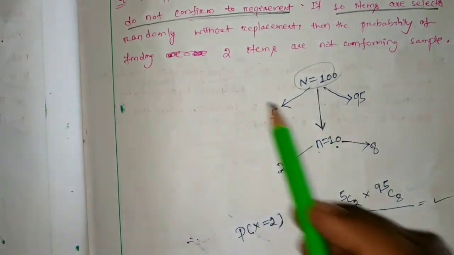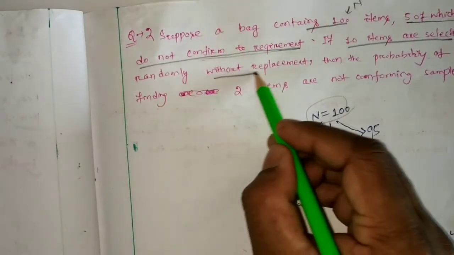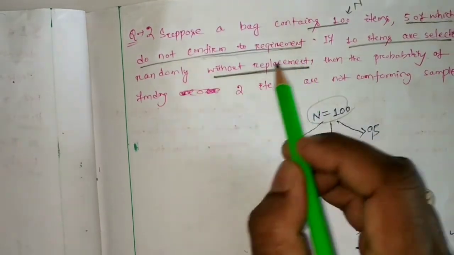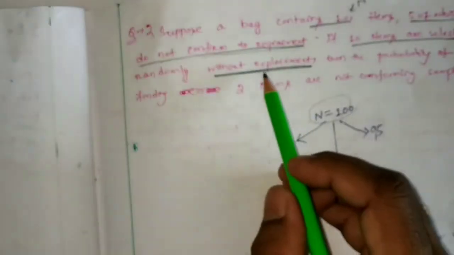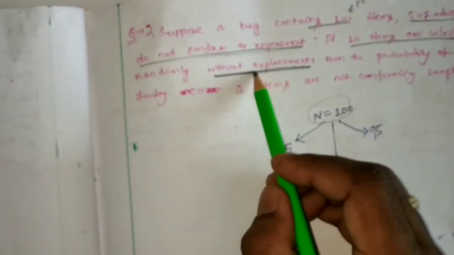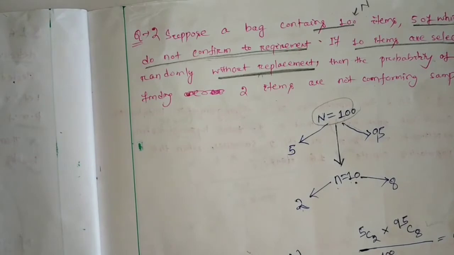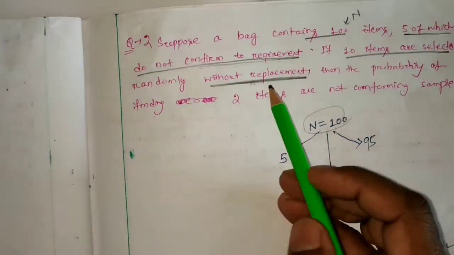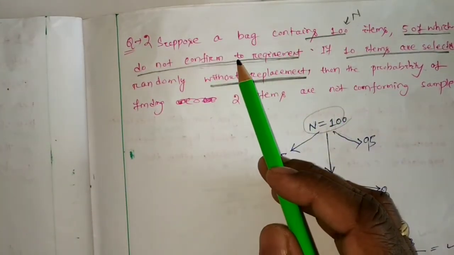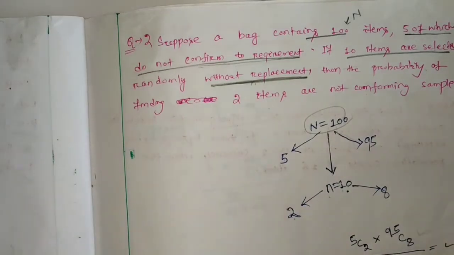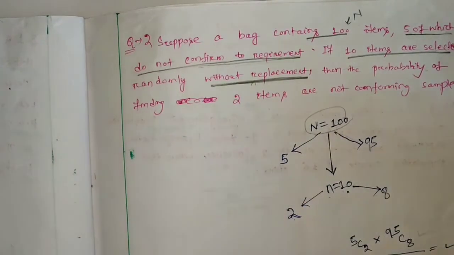Without replacement is the most important thing. Whenever it is written that it is without replacement, the problem will be solved by using the hypergeometric distribution. If it is written with replacement, then we go for the multinomial distribution, which we are going to discuss in our next class.